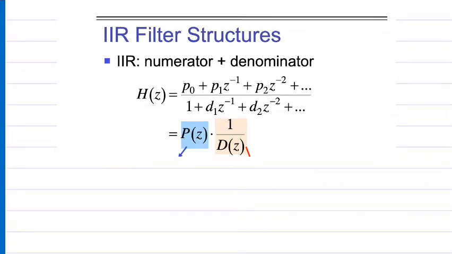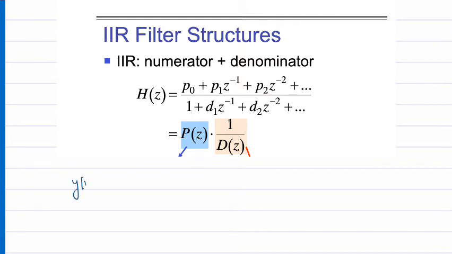The general LCCDE representation is a rational Z transform. You have some numerator and some denominator. You can write it as P(z) times 1 upon D(z).